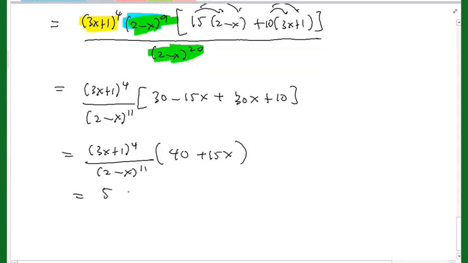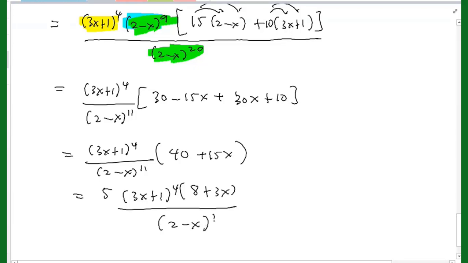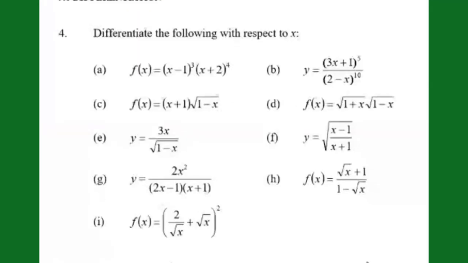So 5 outside, factorize, and then here is 8 plus 3x over (2 minus x) to the power 11. Check. This is for number 4b. Okay, settle.